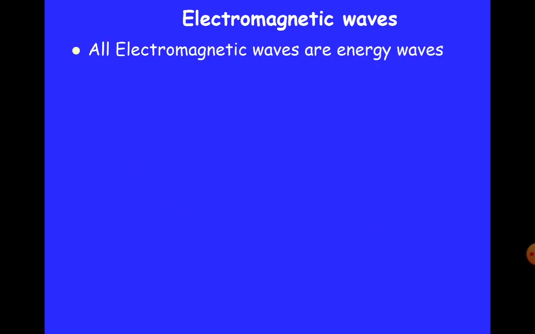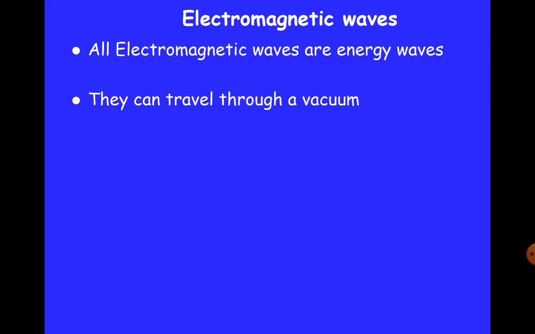Let's look at the electromagnetic waves. Remember, all waves do transfer energy, whether it's a water wave, sound, or light. They are energy waves, meaning all electromagnetic waves are energy waves.